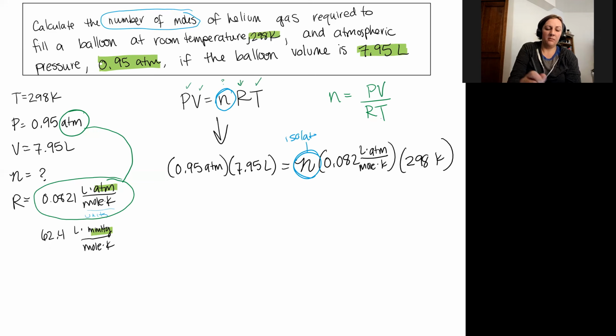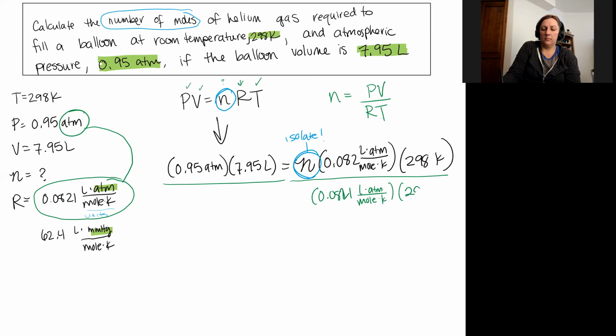And I'm going to do that by dividing both sides, I'll switch colors here, by this R and T value, so that way they'll cancel out on this side. Remember, algebraically, I can do anything I want as long as I do it to both sides of this equation.